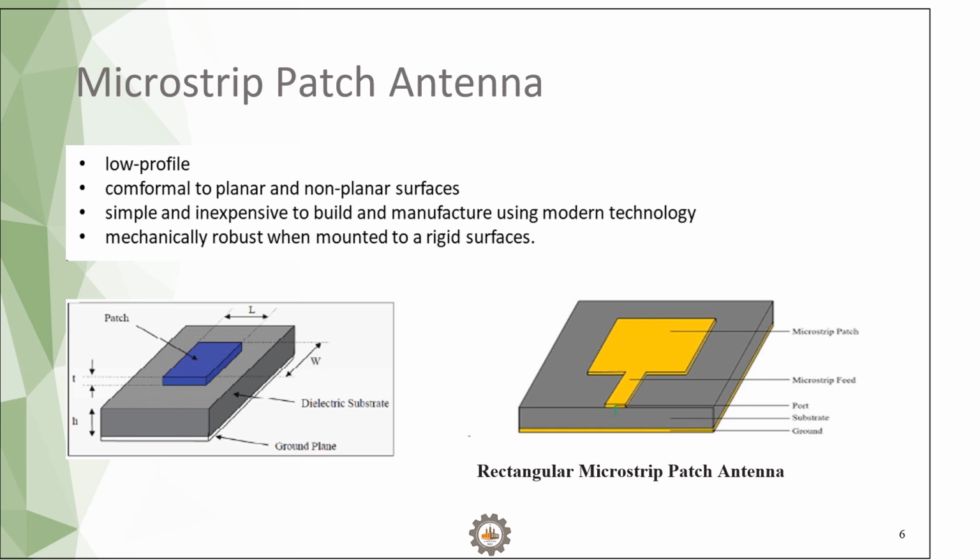There is a ground plane below and the substrate between the patch and the ground plane. The substrate helps the antenna to increase its characteristics. The change in dimensions of the substrate may affect the characteristics of the antenna. And here, for the rectangular patch antenna, the feed is given, and the feed is known as microstrip feed.